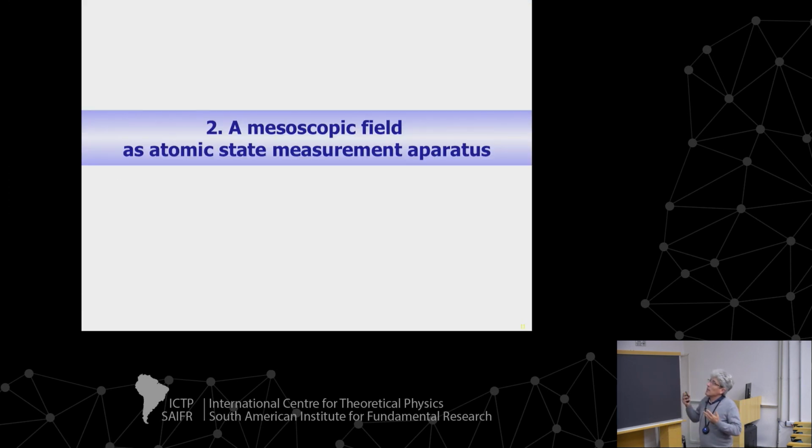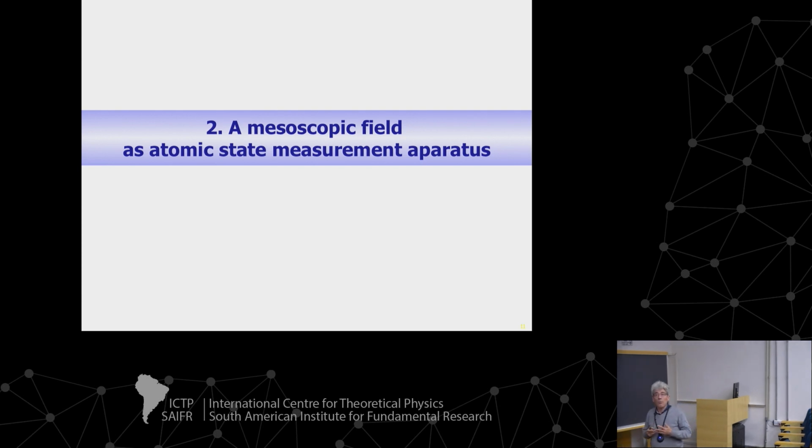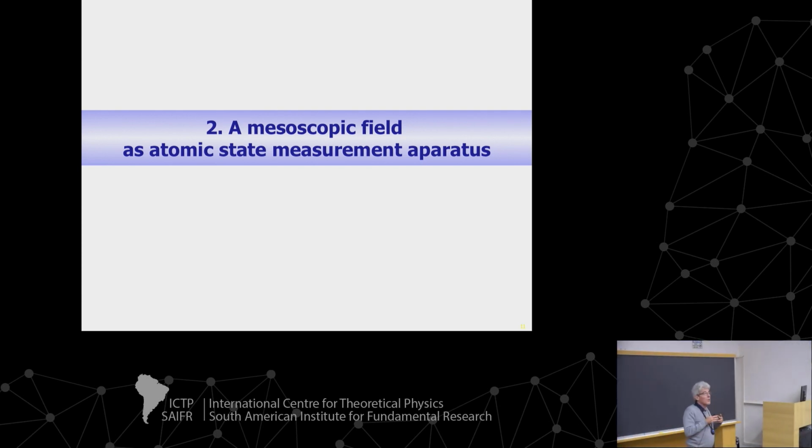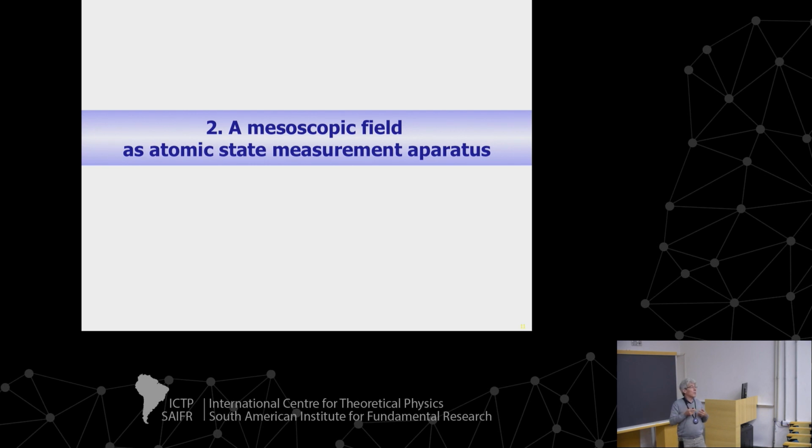So in this point of view, I will exchange the role of the meter and the object which is observed. Up to now, I was using atoms to observe a field in the cavity. And now I will construct a model where the field in the cavity, a quasi-classical field injected in the cavity, plays the role of the meter of the atomic state.